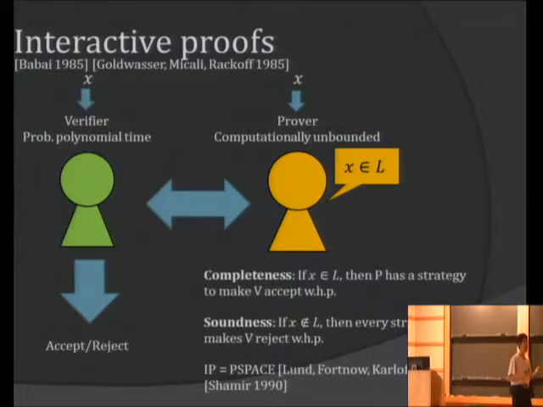This is kind of a generalization of the class NP, if you're familiar with complexity classes. In this class, you can ask questions and receive an answer, instead of just receiving an answer and verifying this static string. So this is a more interactive setting.